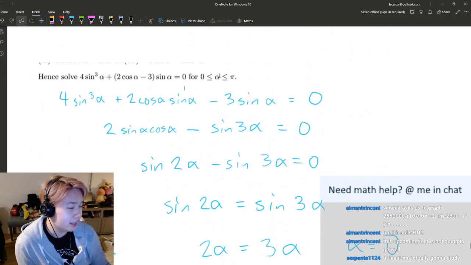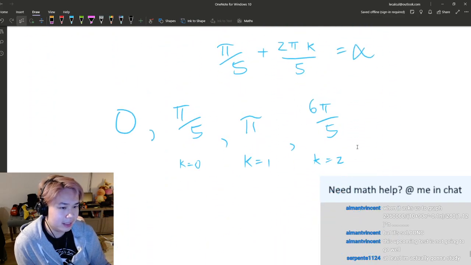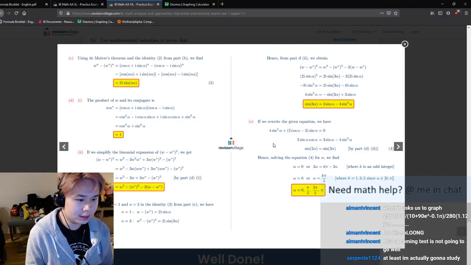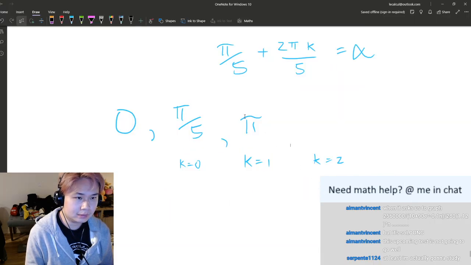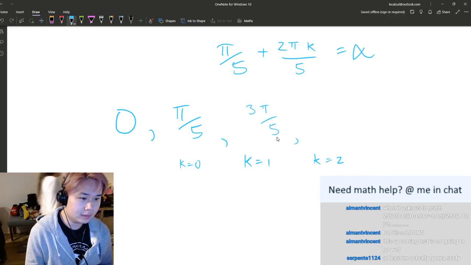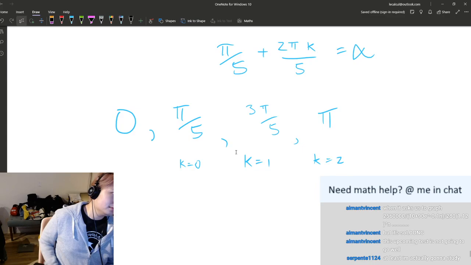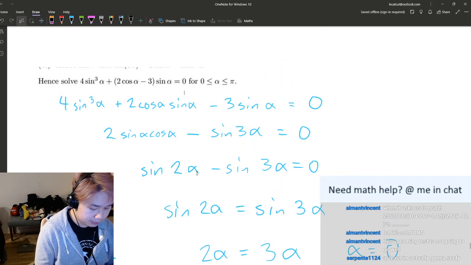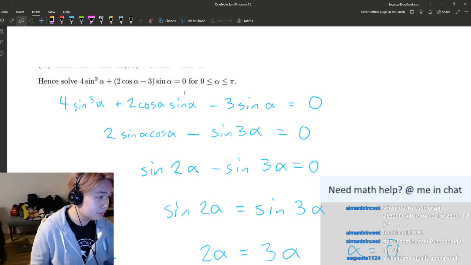But our domain for alpha is only up till pi. So I have 3 answers, but I think the answer key had 4. There should be a 3 pi over 5 somewhere. Oh wait, this one is 3 pi over 5. And then this one's pi. Oh my gosh, that was painful. But I am done.